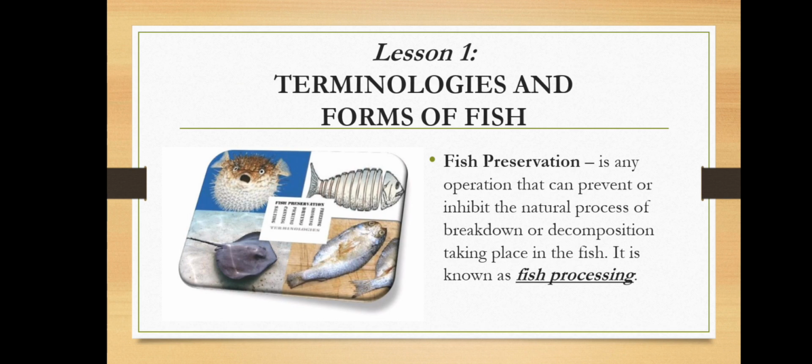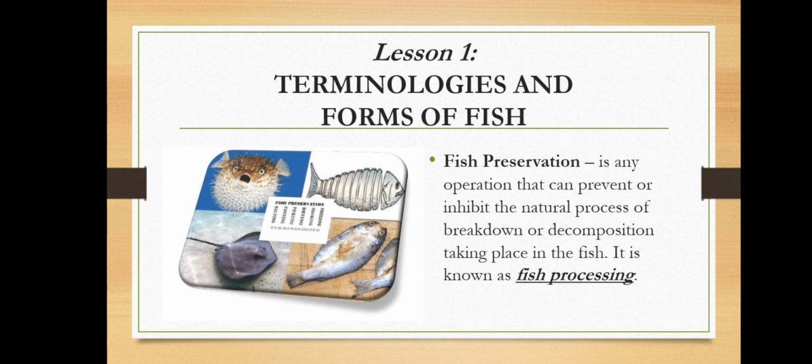Fish preservation. Fish preservation is any operation that can prevent or inhibit the natural process of breakdown or decomposition taking place in the fish. It is known as fish processing. So, fish preservation involves various methods to prevent or inhibit the natural breakdown or decomposition of fish, collectively known as fish processing.